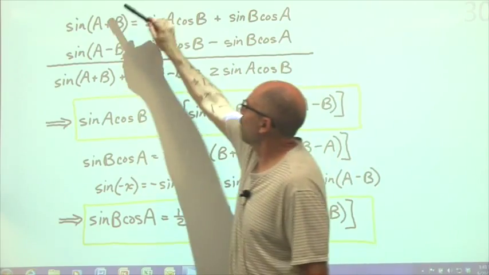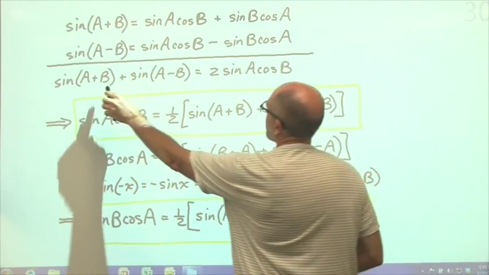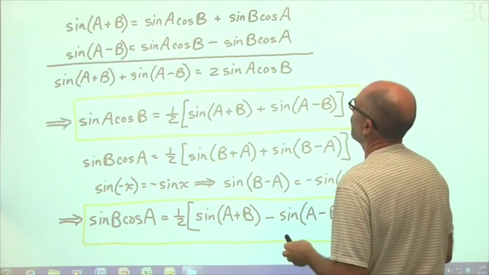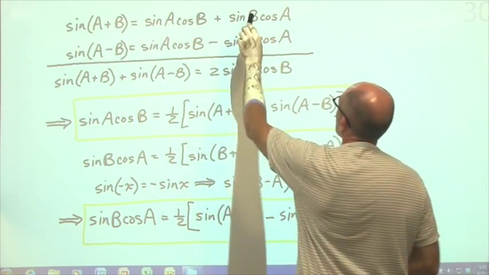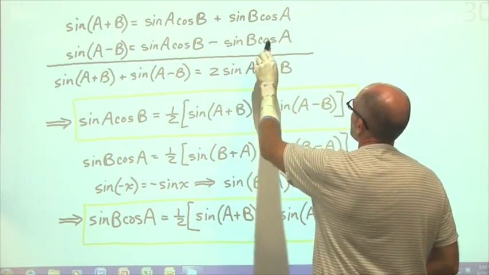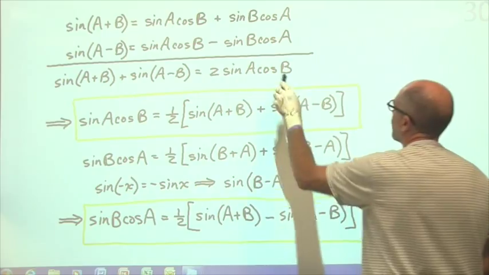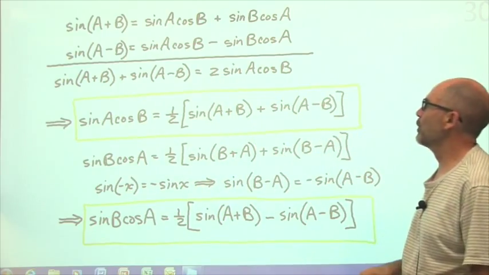Now I'm going to add those two up, and I end up with sine of A plus B plus sine of A minus B. And notice what's going to cancel is the sine B cosine A minus sine B cosine A. What's going to add is the sine A cosine B. So I have two of those, multiply both sides by 1/2. There's my third identity.